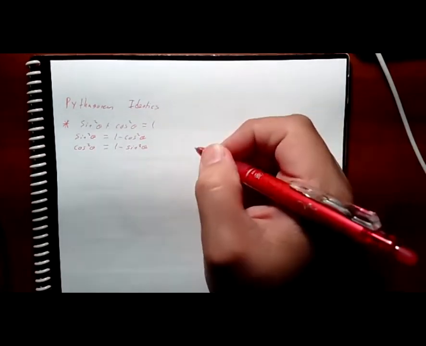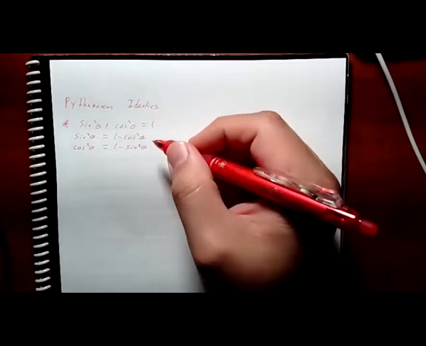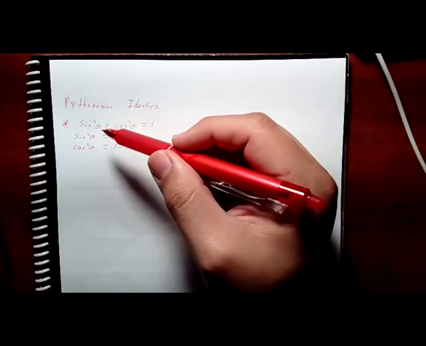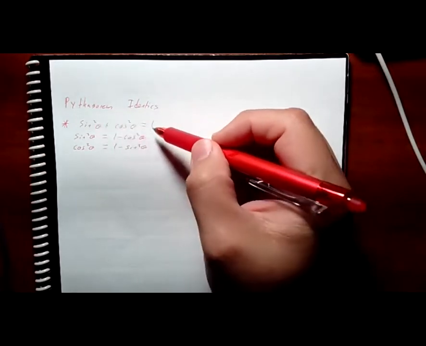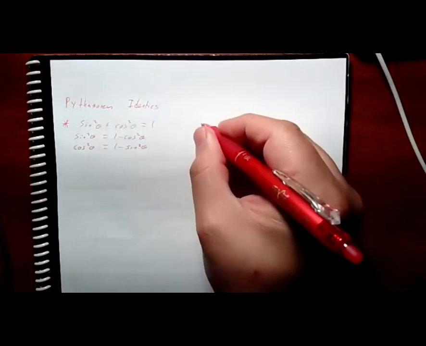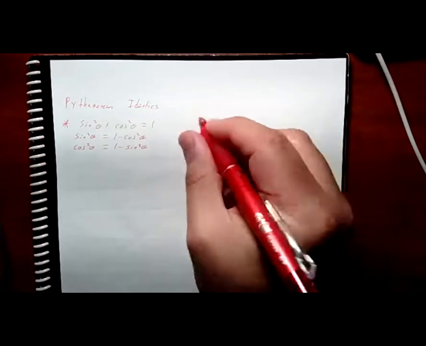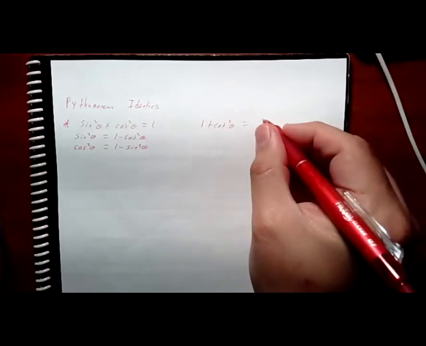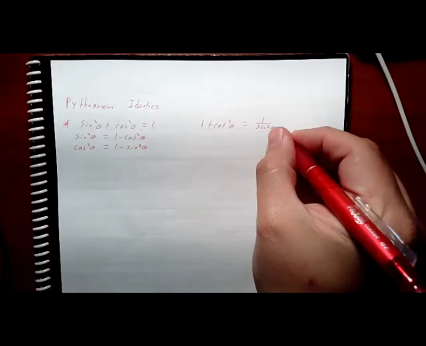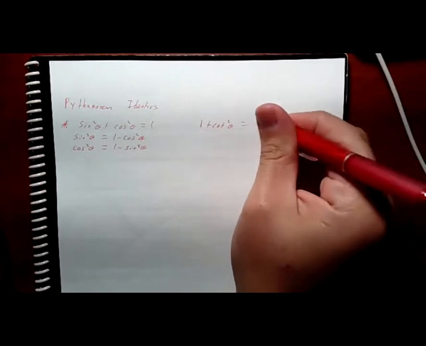Okay, so now there's two other sets of 3 by doing division. So that was just subtraction. So if I take this first equation here and divide by sine squared on every single term, sine squared divided by sine squared is 1. Cosine squared divided by sine squared is cotangent squared. 1 divided by sine squared is this, which is actually cosecant squared.